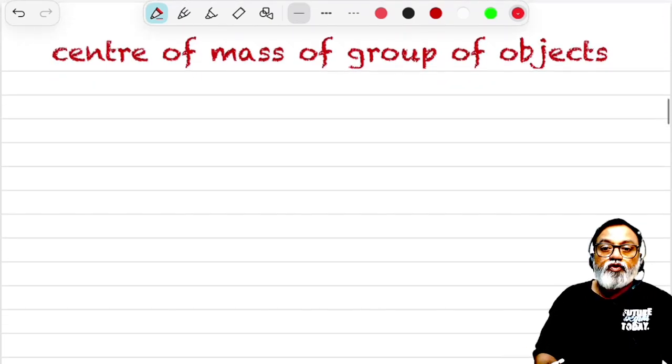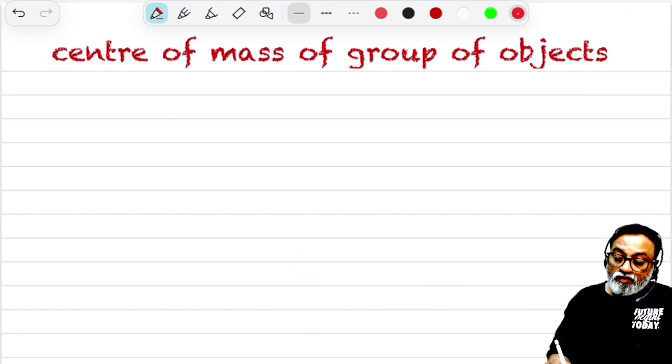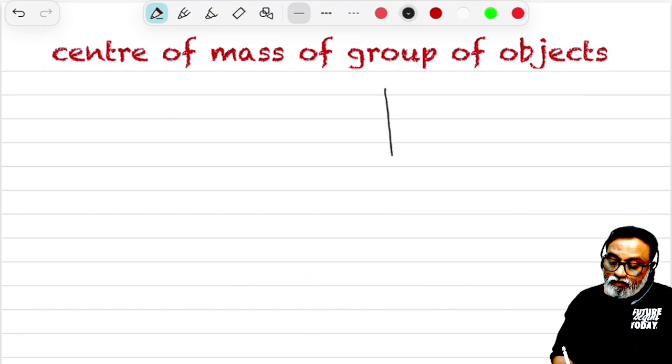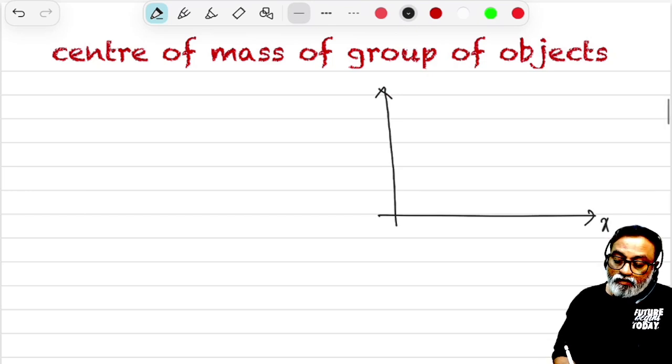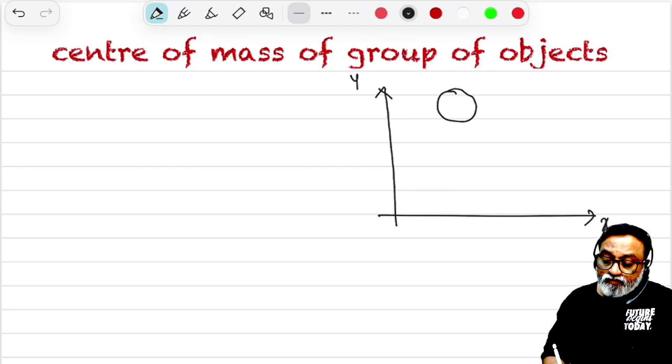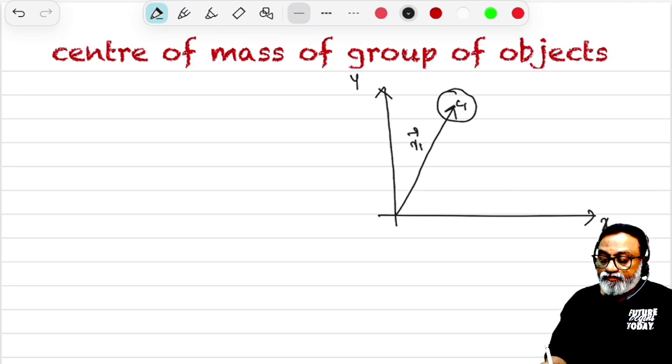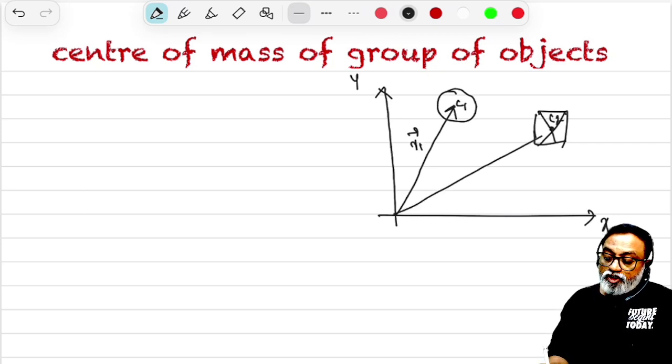See, center of mass of a group of objects. See here, here is one object. It may be a disk or anything. First, we have to locate its center of mass C1, and its center of mass position vector is R1 bar. Here is another object, its center of mass is C2 and its position vector is R2 bar.